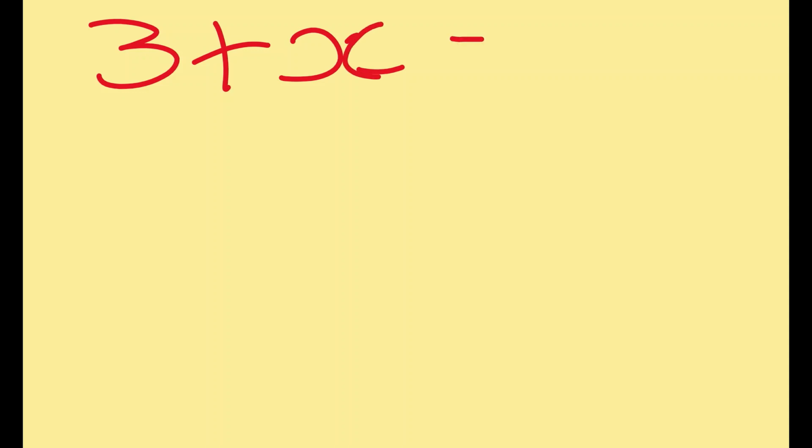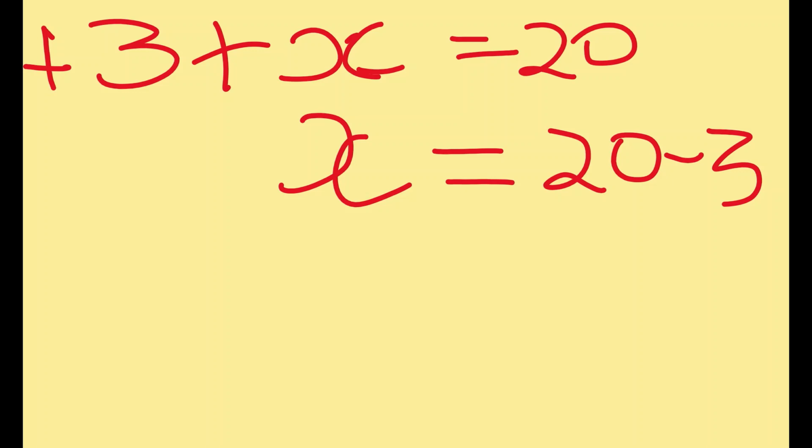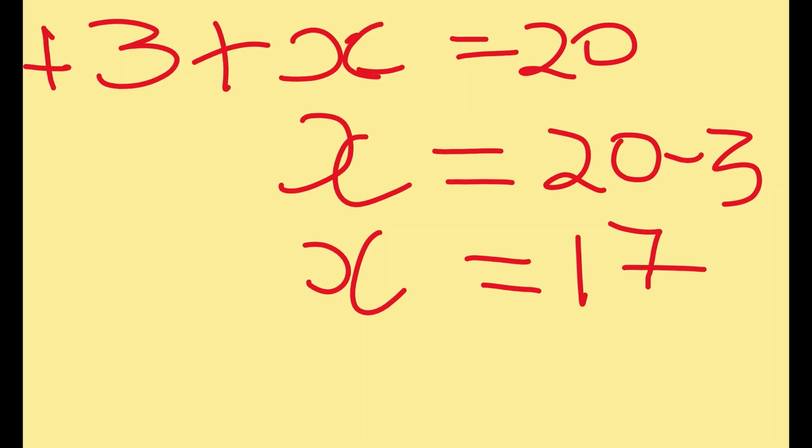Let's solve another problem which includes subtraction and addition. The problem is 3 plus x is equal to 20. Here plus 3 will always become minus 3, so x is equal to 20 minus 3, which is 17. So we solved it.